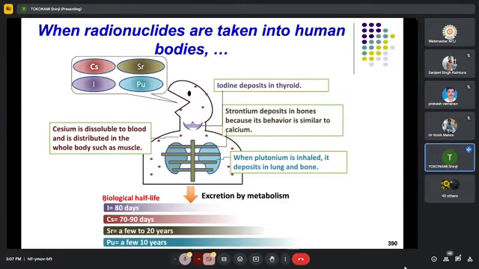Here is the biological half-life. Iodine 80 days, cesium 70 to 90 days. In the case of strontium and plutonium, the biological half-lives are much longer than others because they deposit in the bone.